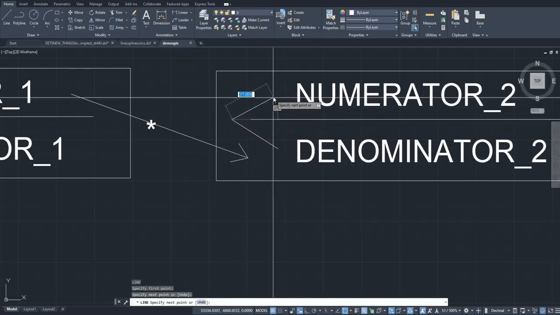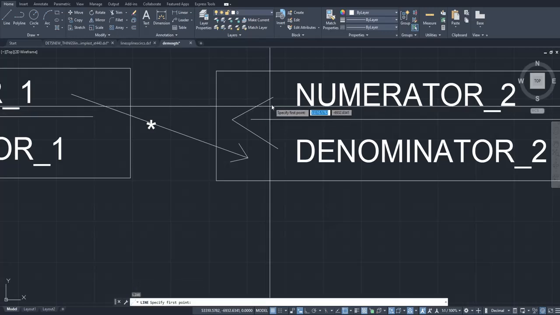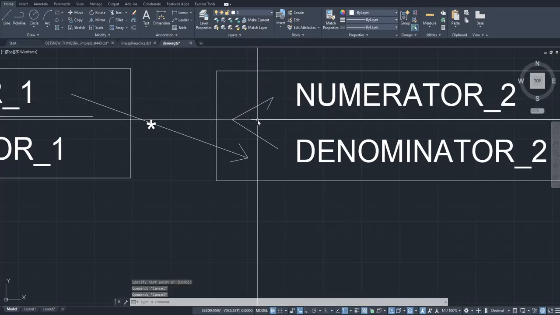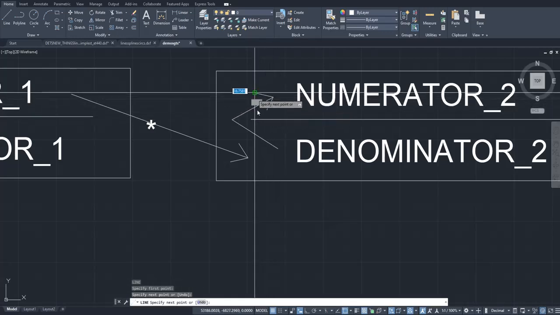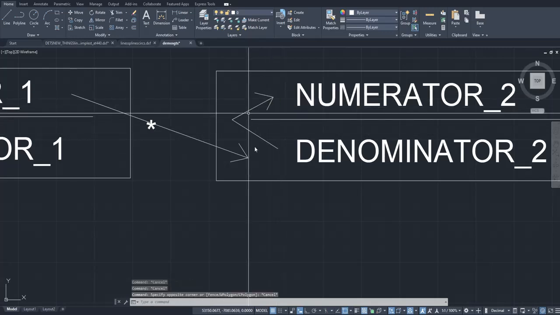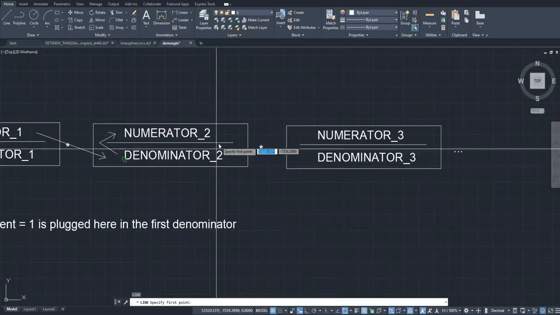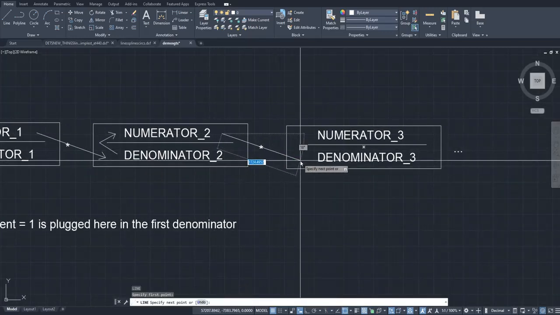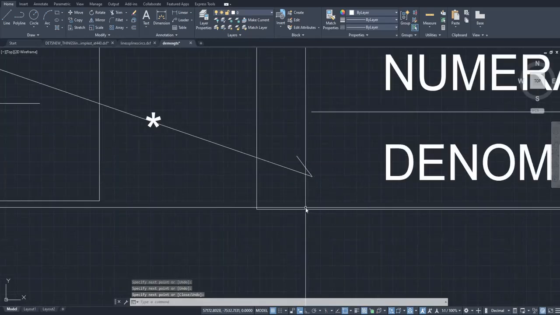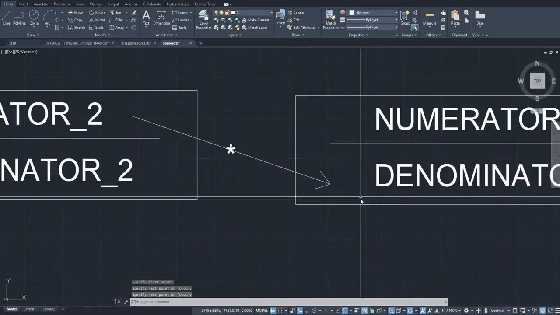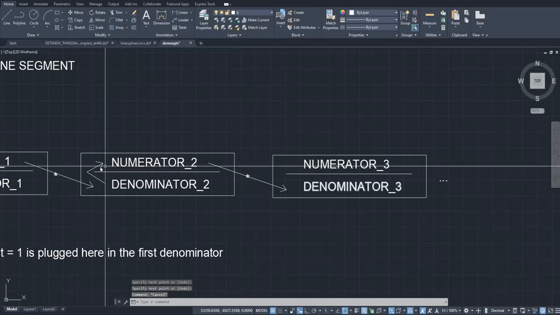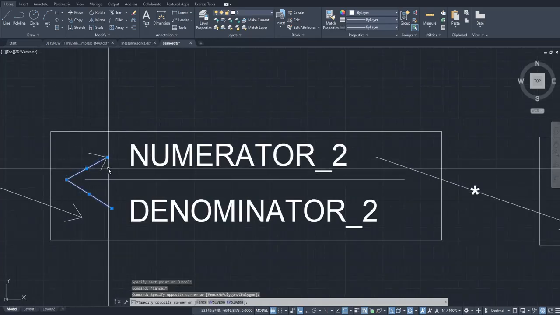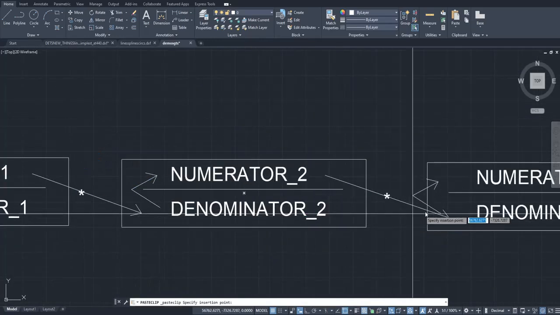Choose the second triangle there and construct a new line segment, and this new construction gives a new constructed line segment, which is now the input for the third denominator, and this third denominator constructs a third line segment.